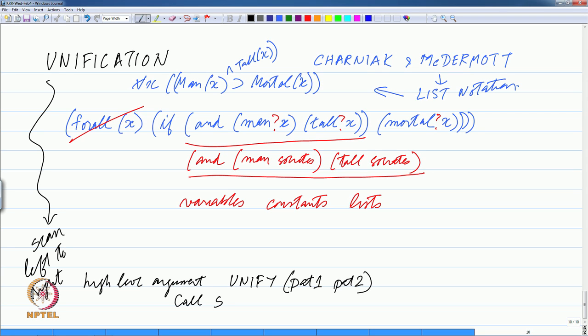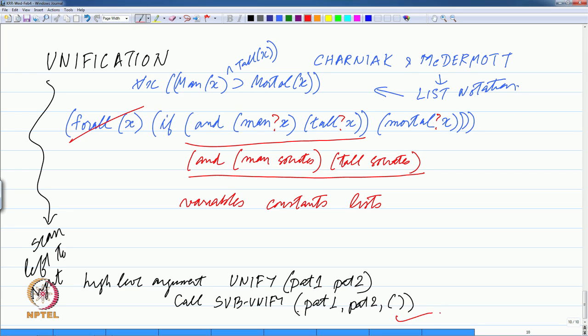So, if you have the algorithm called unify for pat 1 and pat 2, we call another algorithm called sub unify with pat 1, pat 2 and an empty list or empty set, if you would like to say. We include a third argument, and you must be familiar with this style of writing algorithms, where you include the third argument and you keep building up whatever you want in it. So, our idea is that the substitution will be stored here.